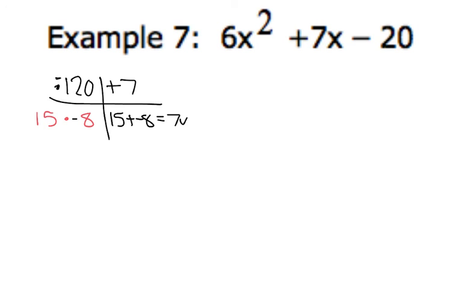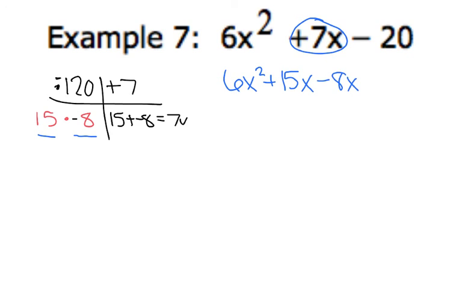All right, so now we're going to rewrite. You're basically rewriting the middle term by using these two values, okay? And obviously don't forget the letter x with it. So we get 6x squared plus 15x minus 8x minus 20. Okay? We're going to group it.